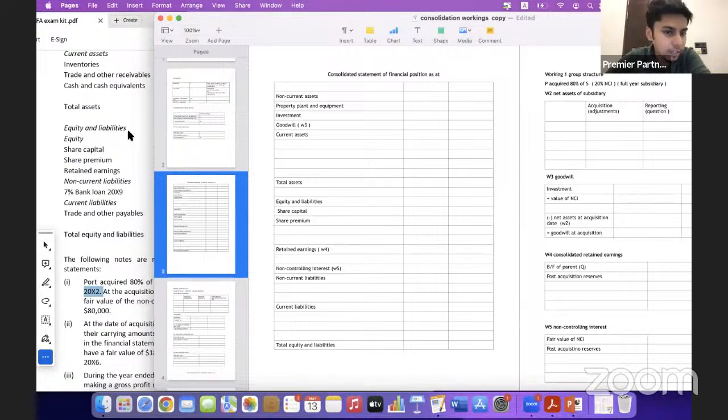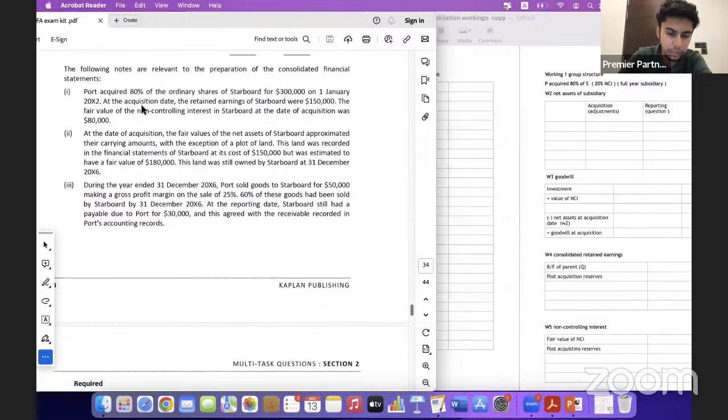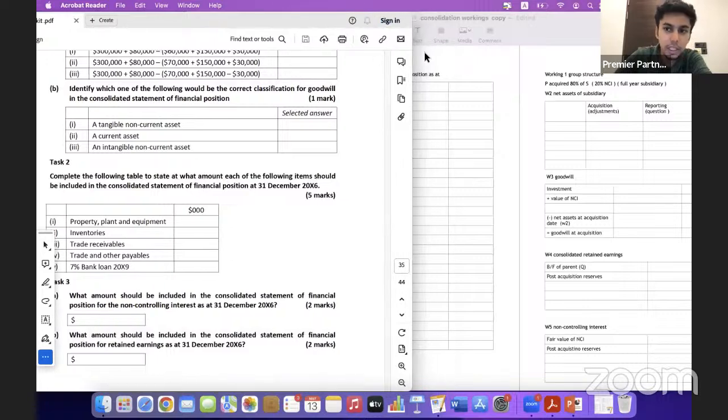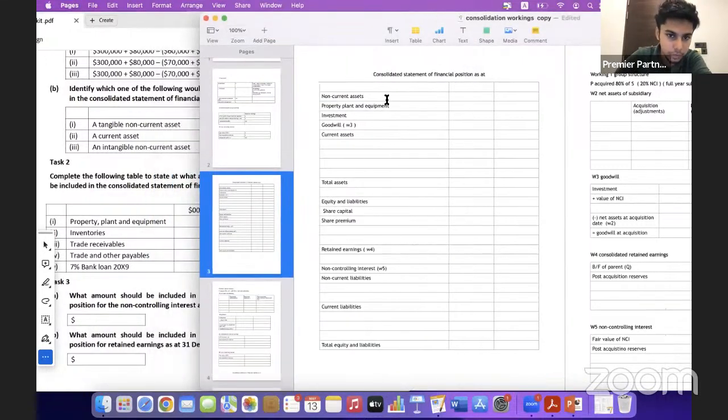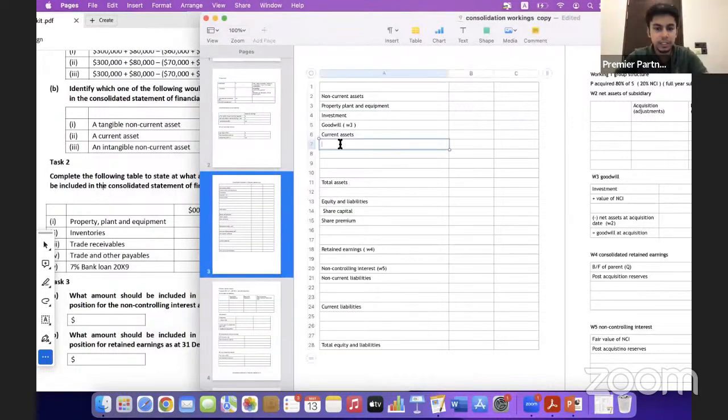Okay. Now, guys, once you have figured that out, remember in this question they were asking for a few things. Can you see here? They are asking you to tell us how much is property, plant and equipment. So I got ready with that. Inventory. So guys, inventory is a current asset, so I'll just show it over here. They want us to find inventory. Then they want us to find trade receivables.